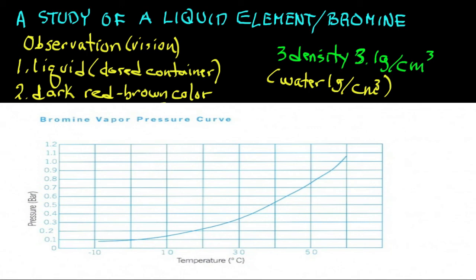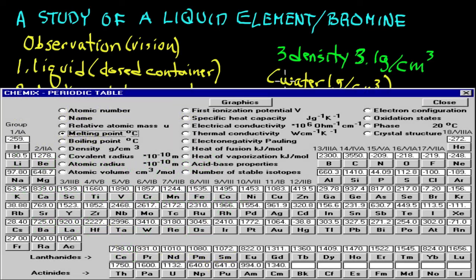So it has a very narrow range from -7 to 59 degrees, where it goes from a solid to a liquid to a gas. And that's called a phase change. The chart that I put up next shows that bromine freezes at -7 degrees Celsius.